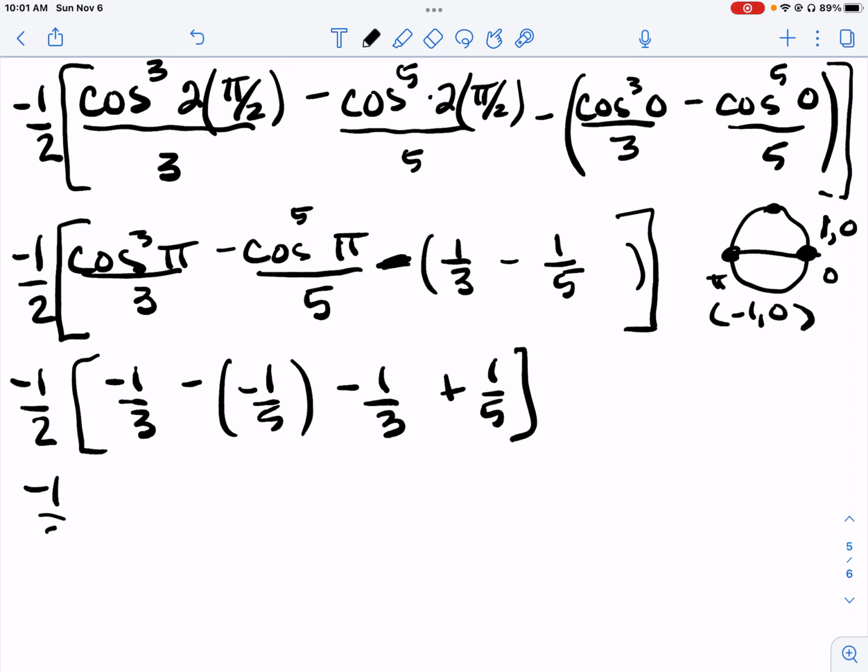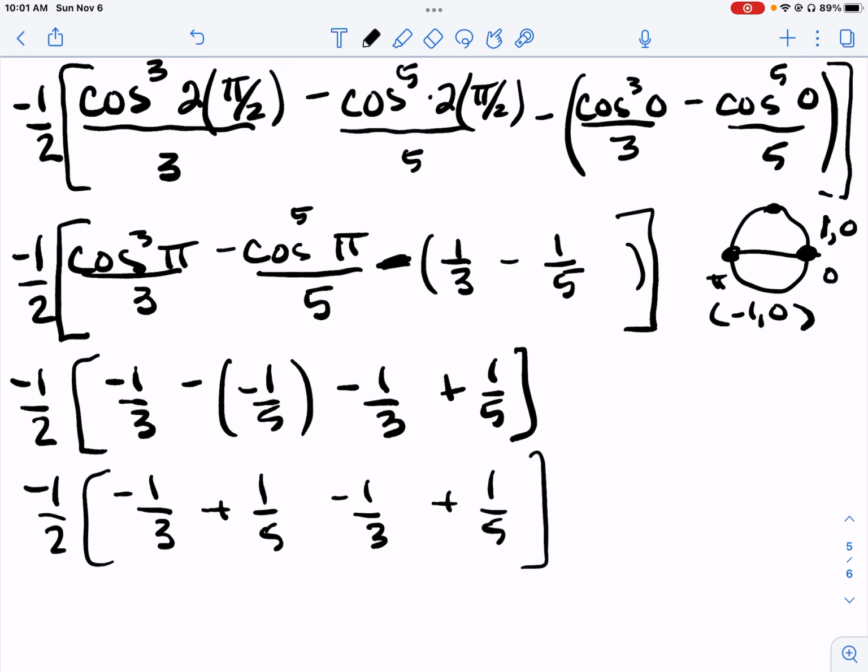So this is negative 1/2 times negative 1/3 plus 1/5 minus 1/3 plus 1/5, is negative 1/2.